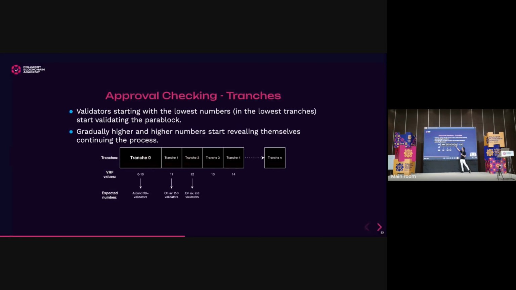Maybe you're in a really early tranche and you will do the check quite early. And just to make sure this is clear, every single active validator is in some tranche for every single parachain block. That doesn't mean that they will do the checks, but they are scheduled to potentially do them at one time.